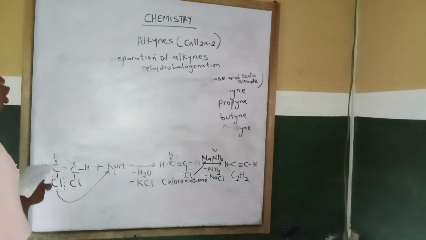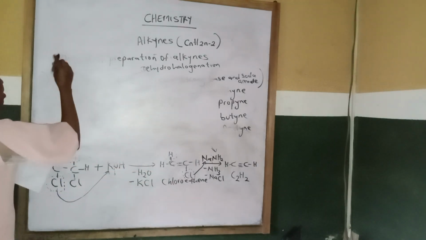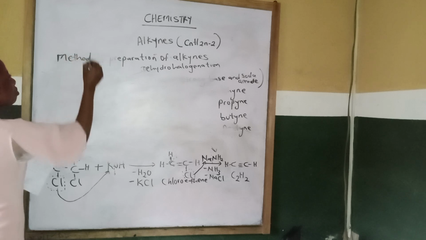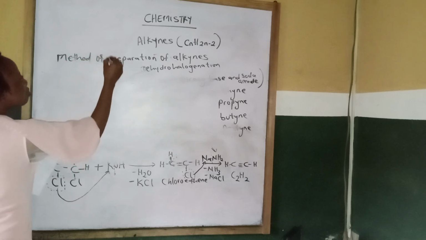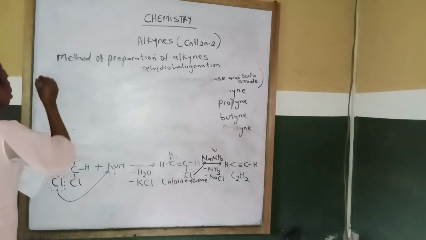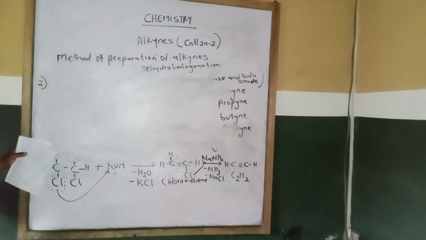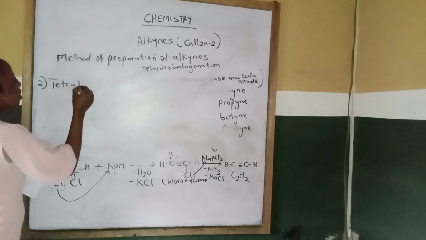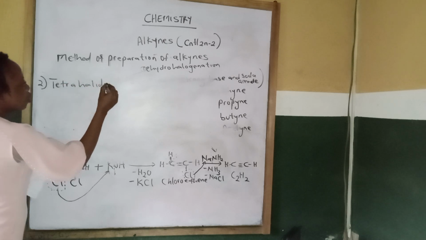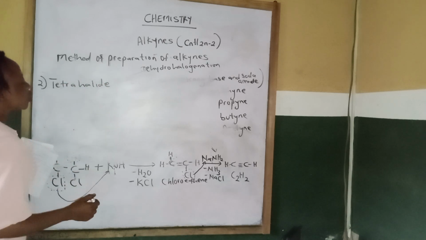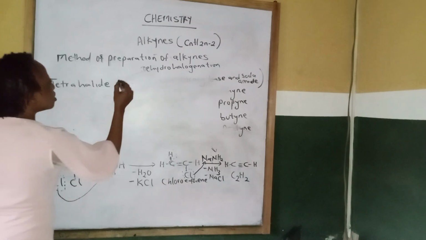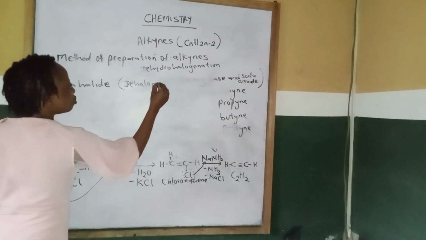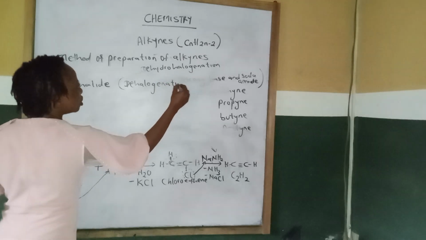So the second method, we are still on method of preparation of alkyne. The second method of preparation of alkyne is called tetrahalide, which is known as dehalogenation.